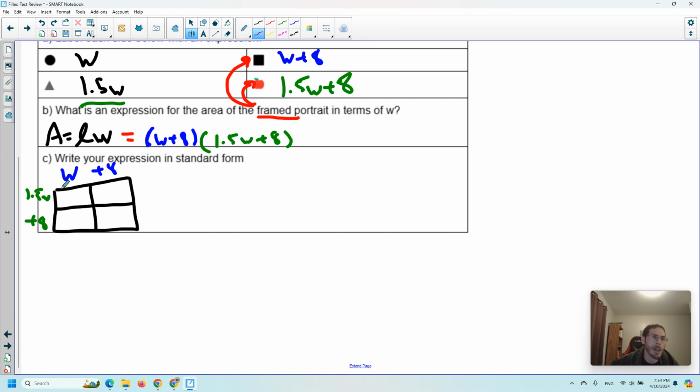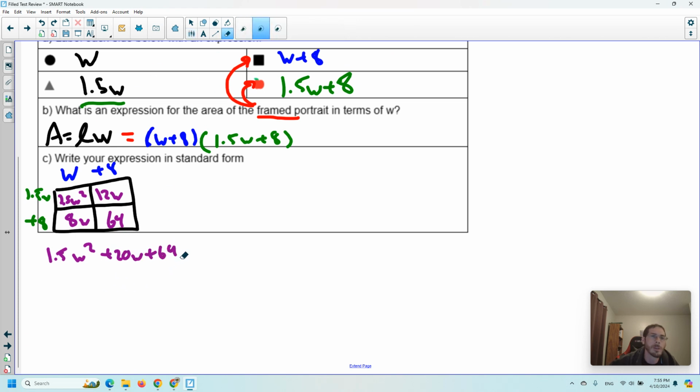When I multiply them, this is 1.5 W squared. 1.5 W times 8 is 12 W, since 8 times 1.5 is 8 plus half of that, which is 4. 8 times W is 8 W, and then 8 times 8 is 64. So 1.5 W squared plus 20 W plus 64.